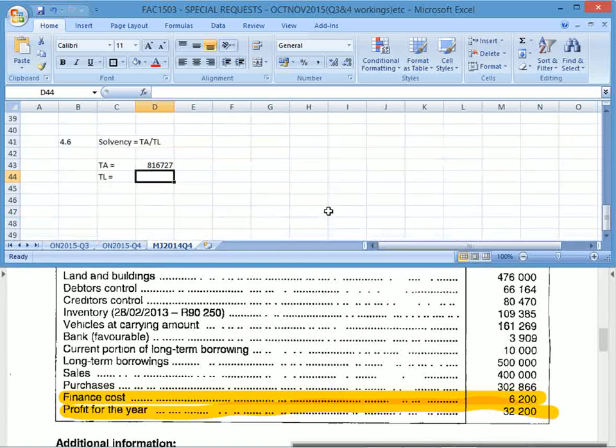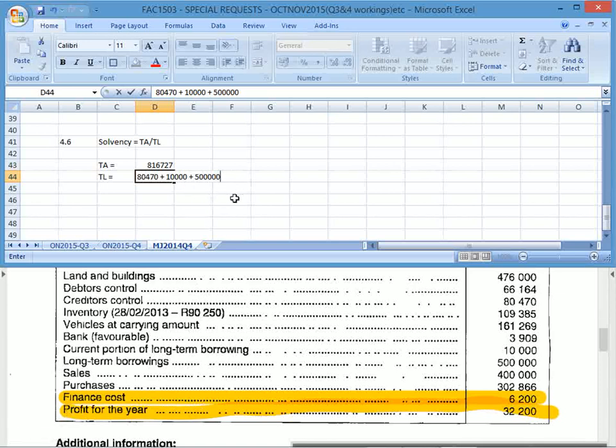Okay, so land, asset, liability. There's one. Creditors, 80,470 plus. Inventory, asset. There's a liability, 10,000 plus. Long-term borrowings, there's a liability, 500,000. Sales, income, expense, profit.